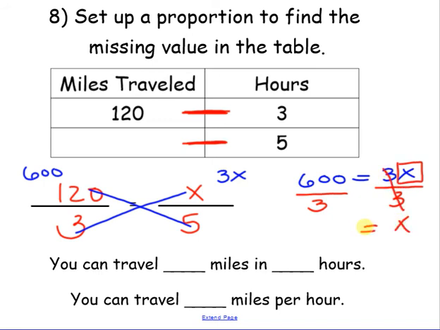X equals 600 divided by 3 is going to be 200. So you can travel 200 miles in 5 hours. Now go back and find your unit rate. I'm going to use this proportion here. So I have 200 divided by 5, and that's going to be 40 miles per hour.